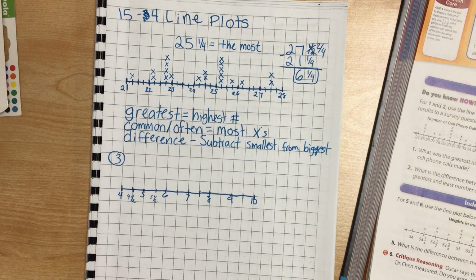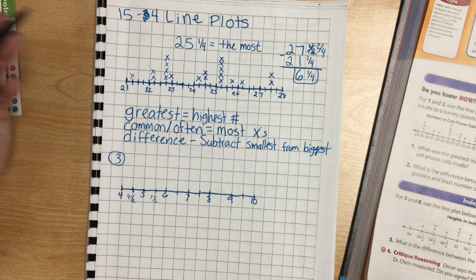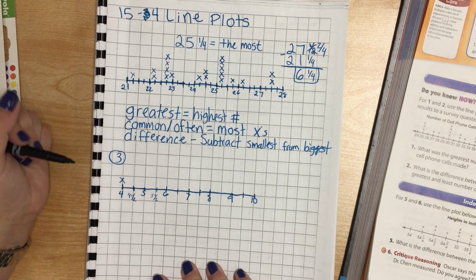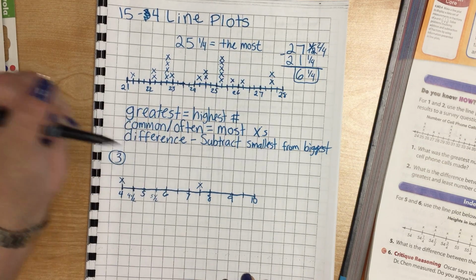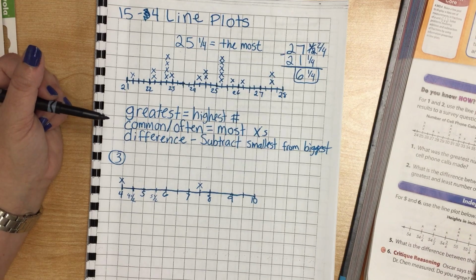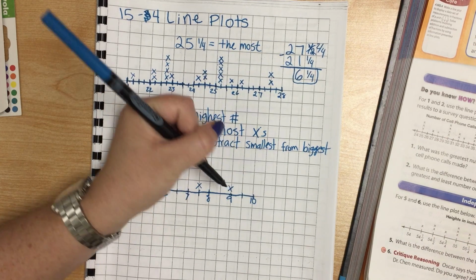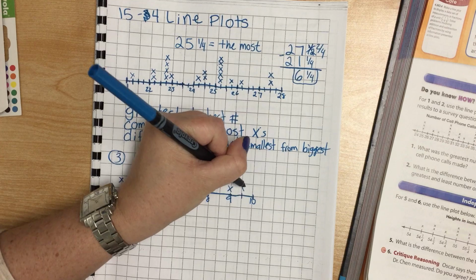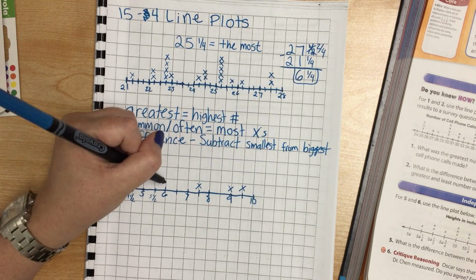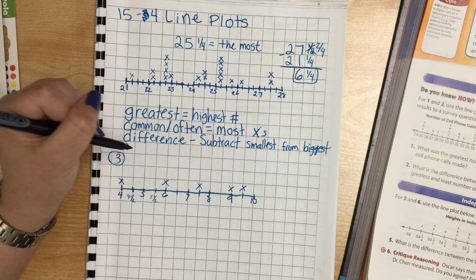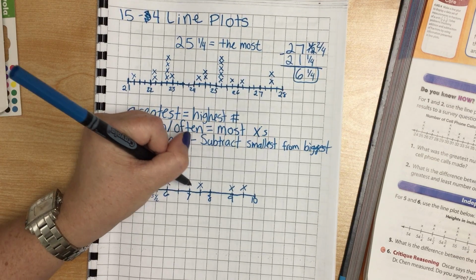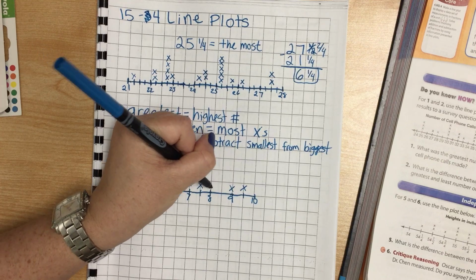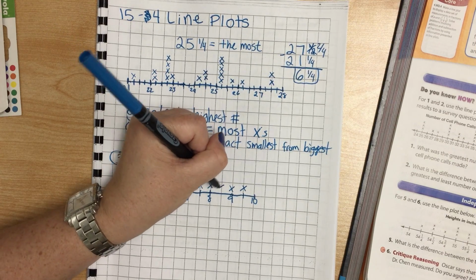Doesn't matter the order. So the first one is 4, okay? Put an X over 4. Next one is 7.5, okay? X over 7.5. Then 9. Then 9.5. Then 6. Then 5.5. Then 7. Then 8. Then 8.5.